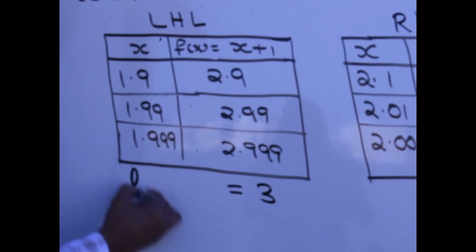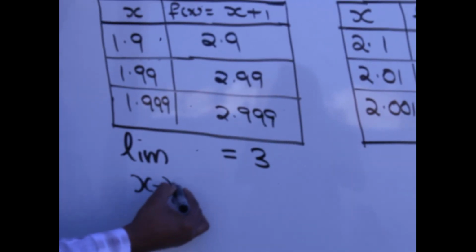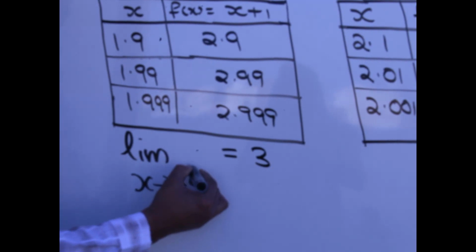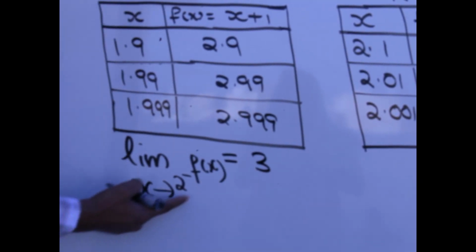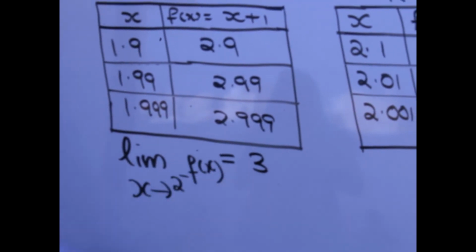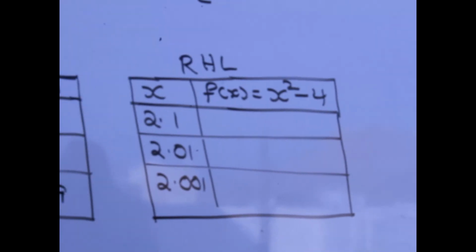So limit x tends to 2 minus of f of x, where 2 minus means LHL, equals 3. Like that, we consider the values for RHL.